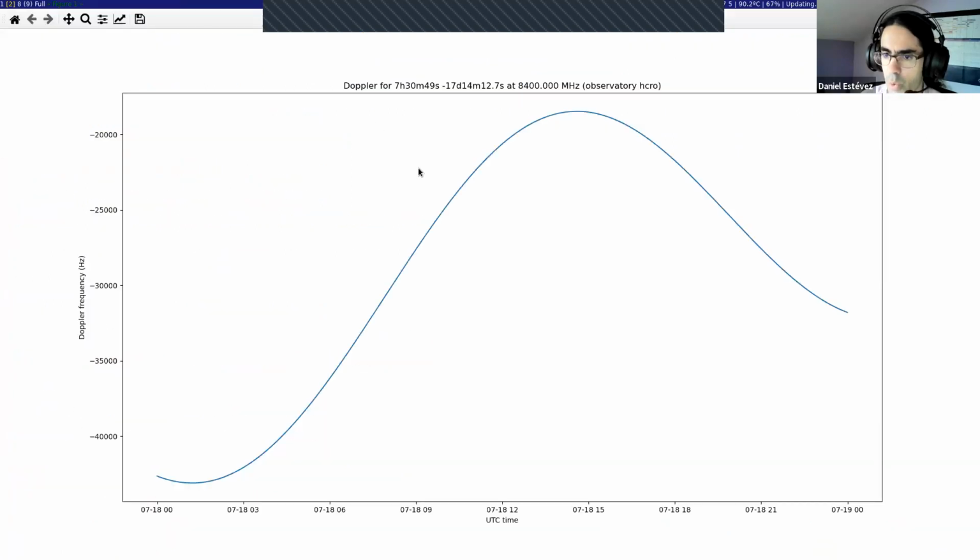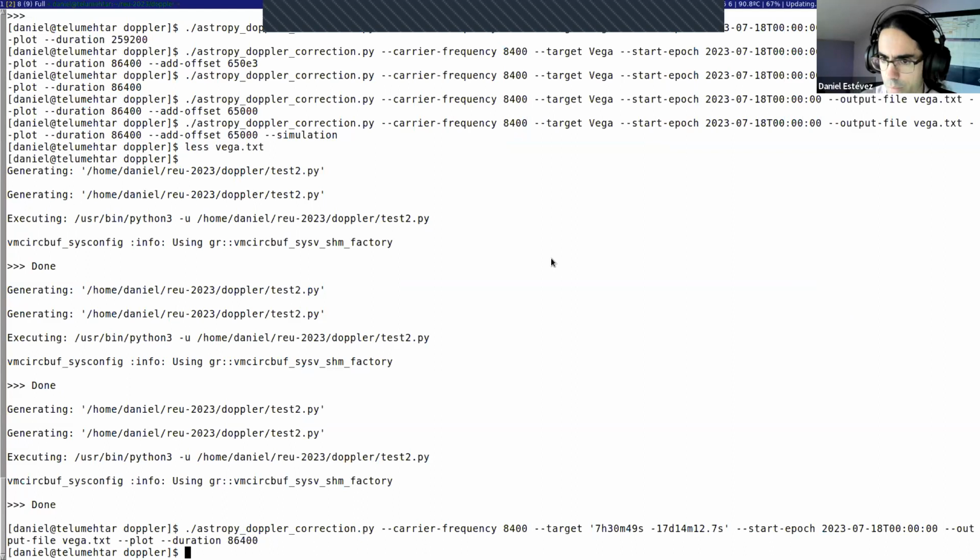And then it works. I don't know if this is correct, but I guess so. So at a different location in the sky, we get a different Doppler curve with minus 30 kilohertz in this case, and the phase of this sinusoid is different. Okay, any questions?